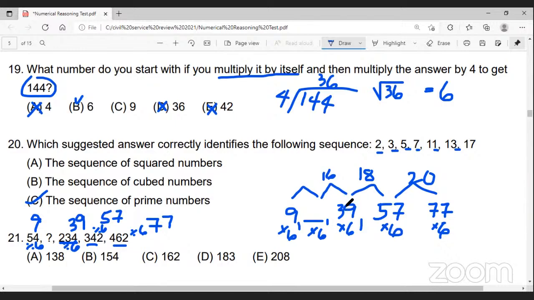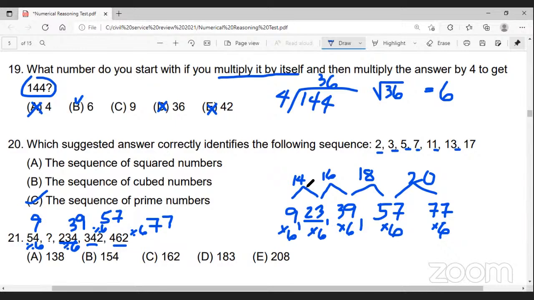Try to subtract. 39 minus 16. The differences of the gaps go down by 2s. The gap between 39 and 23 is 16.